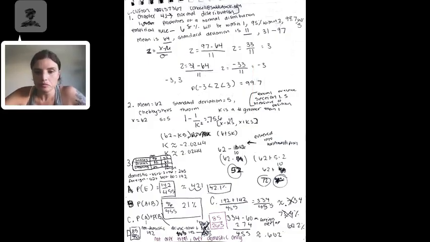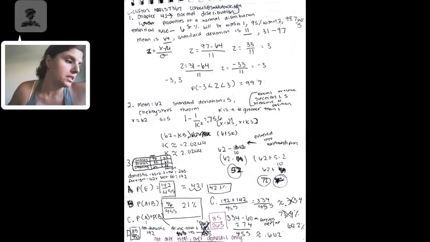Okay, so starting with our letter A, we're finding the probability of an event. It's pretty simple, it's pretty straightforward. We're going to add up the items that are non-domestic.